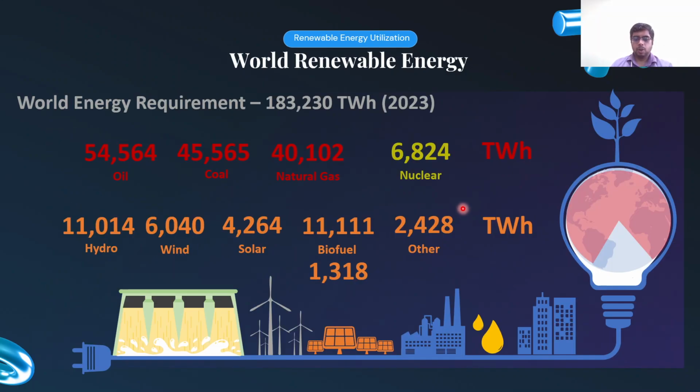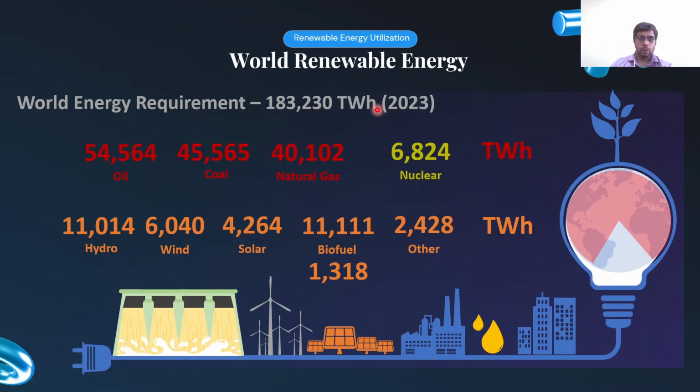Right. So before we move on to the performance analysis, let's have a brief understanding of how the world runs. Here I have given you the world renewable energy utilization. The world energy requirement in 2023 was totally 183,230 terawatt hours. This is the energy requirement, not just the electricity, but energy for heating, cooking, and various other tasks as well.